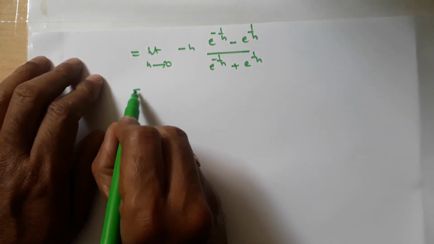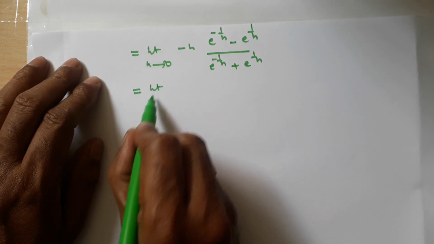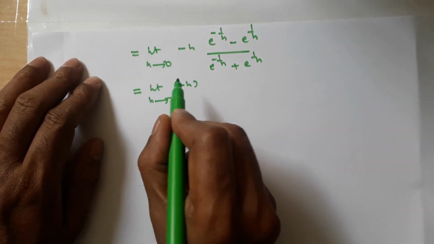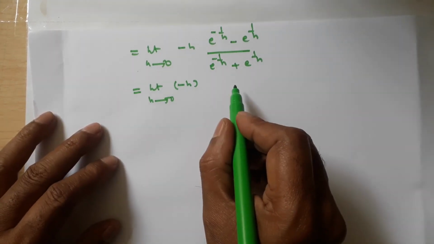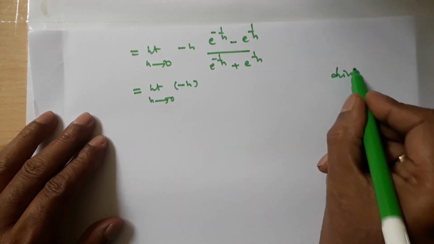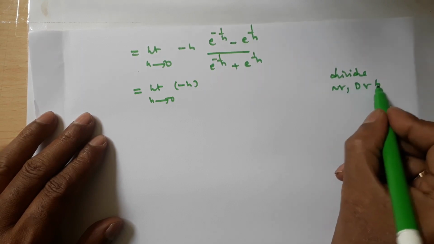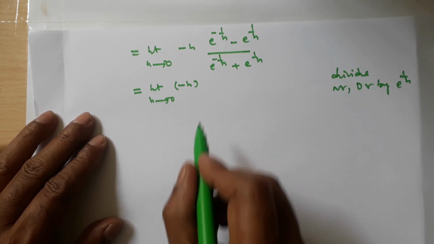Now, one more step we will take: limit h tends to 0 of minus h into, divide the numerator and denominator by e power 1 by h. So what will it be now?